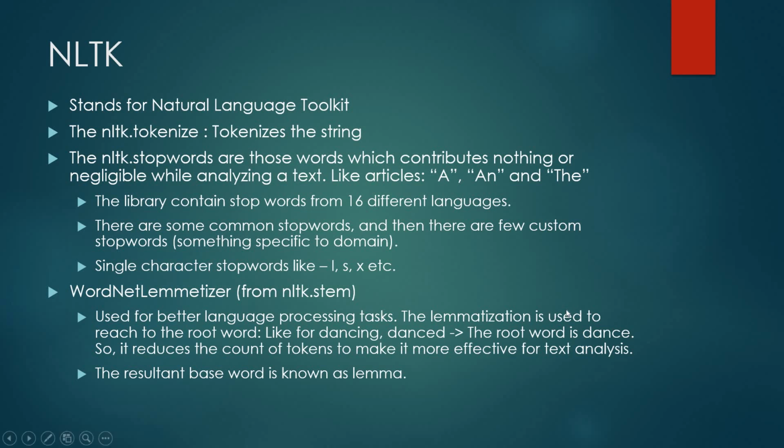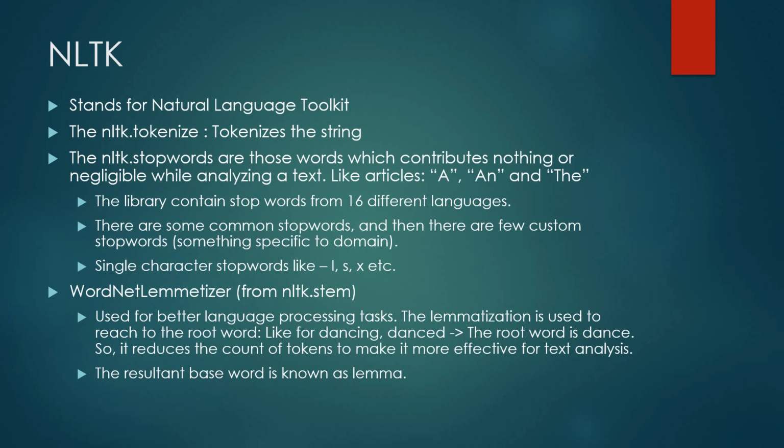So we have to remove these tokens which have been created out of dancing, danced, will dance, right? All these different kinds of words whose root word is a single word, which is dance. In that case, all the other words should be removed and only one word, dance, should be taken as a token.